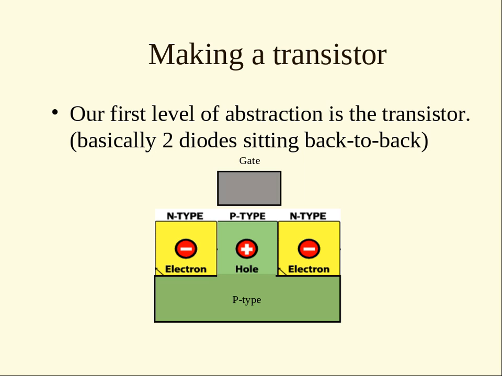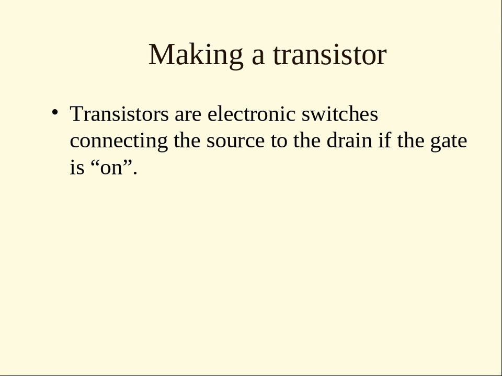The point here is that if you push voltage down here, it'll fill in the holes created here, and that way electricity can flow from here, or jump, so to speak, from this N type to that N type and provide some type of connectivity. On the other hand, if the gate's not applied, then you cannot make this jump over this hole, so to speak. Again, waving hands a little.